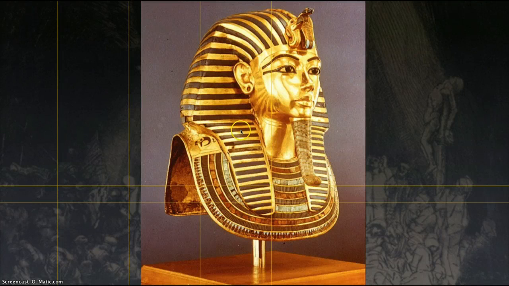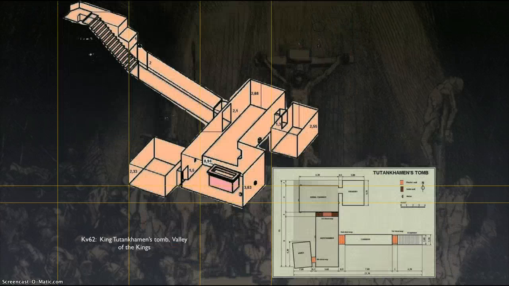One thing about this, and the book doesn't really bring it out, so I'm going to show you some slides of the detail on this piece. Run through some of the things. This is his tomb. This is the sarcophagus that he was in.